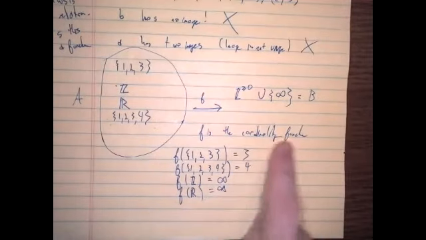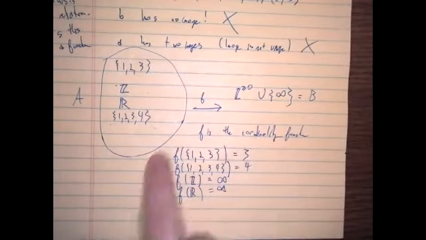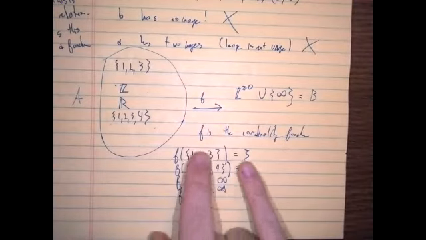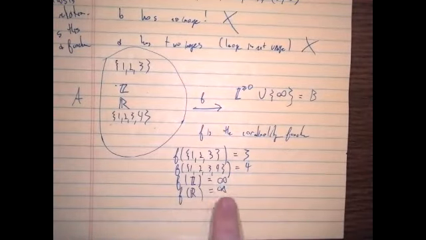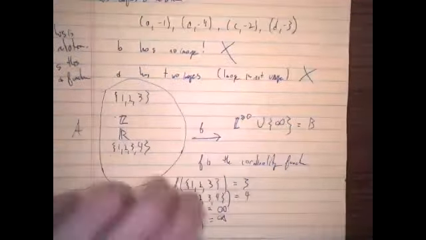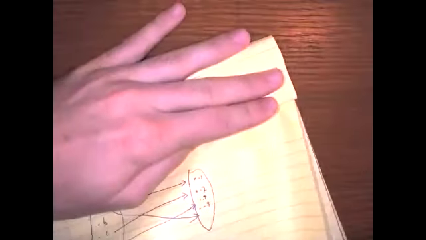Now, the only reason that I brought up cardinality is because there's a reason why I sent this one to 3 and this one to 4 and these to infinity. I could come up with a new function between the exact same two sets, which does the following.